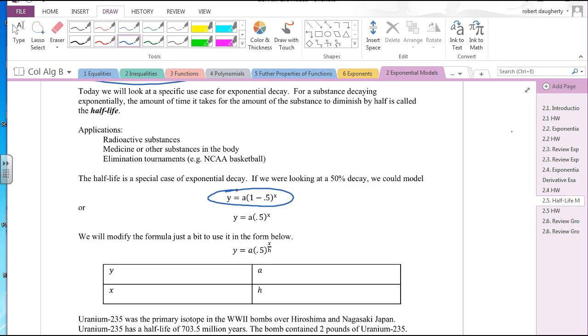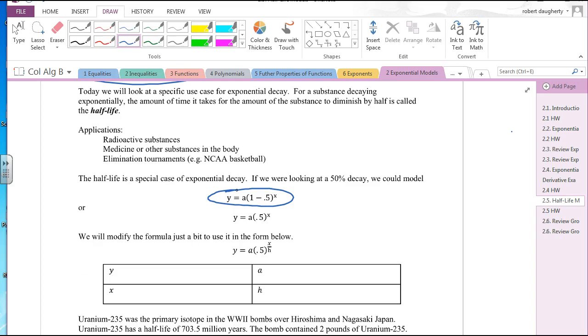How many percent is 0.5? 50%. Another word for 50% is a fraction called 1/2, okay? So these models really are all a times 0.5 to a power. It's taking a half. That's why we call it half-life. So it's just a very useful thing to determine, half-life in terms of substances as they decay.